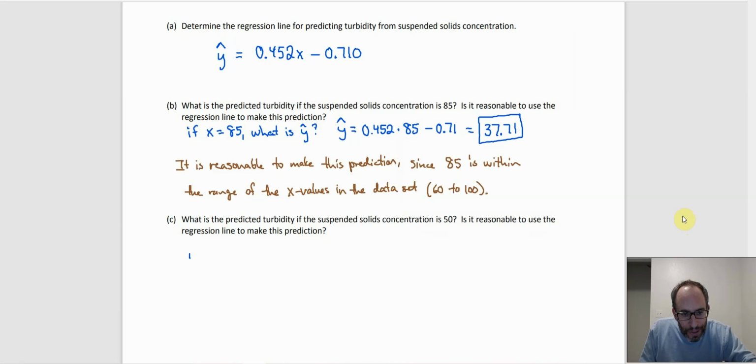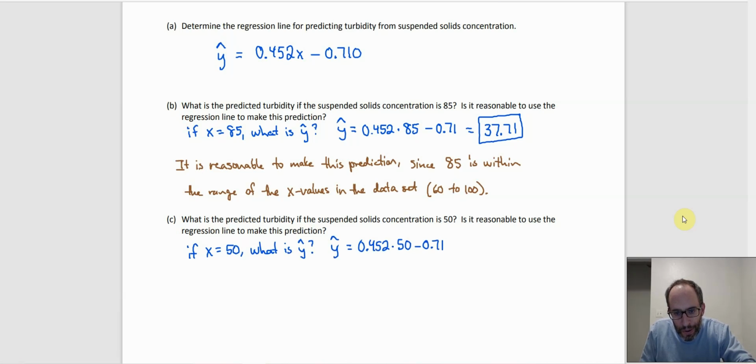So if x is 50, what is y hat? Well, y hat would be 0.452 times 50 minus 0.71, which is 21.89.